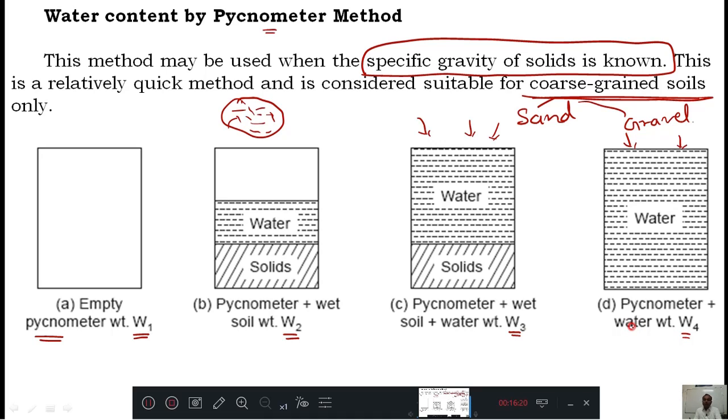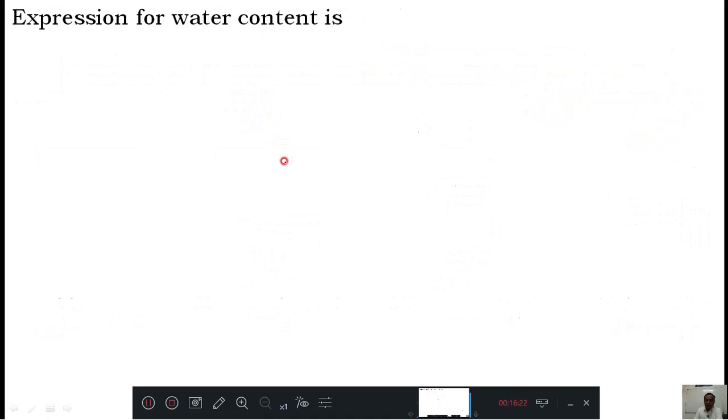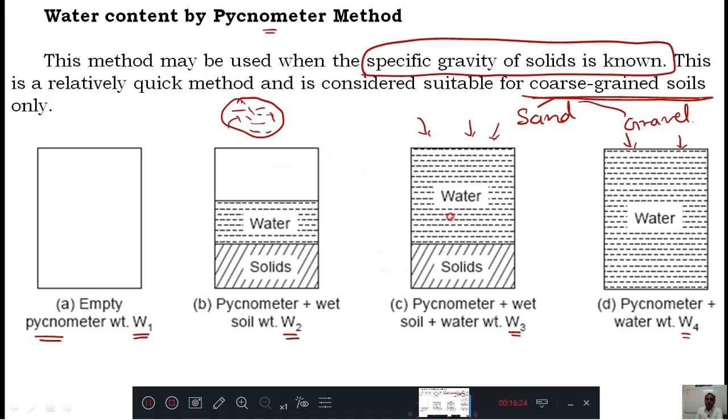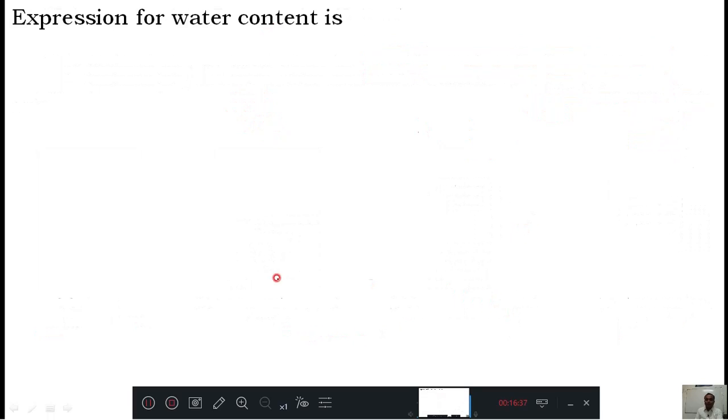Now by doing this, how will we get the water content? For that we need to derive an expression. Now look here, I want to express this W3 in terms of W4 and W2. How can I express? See here, W3 equals, come back.